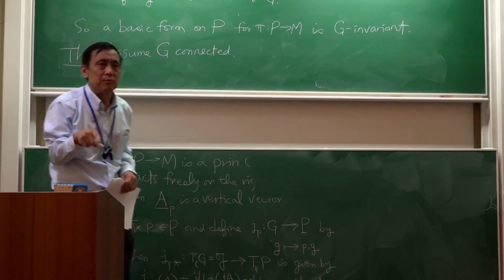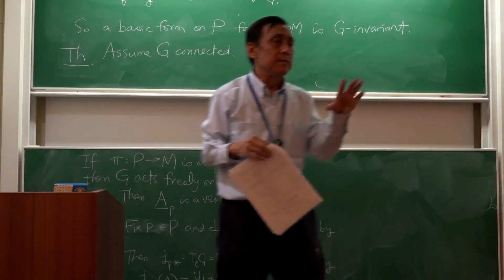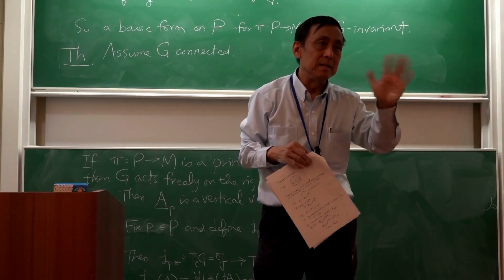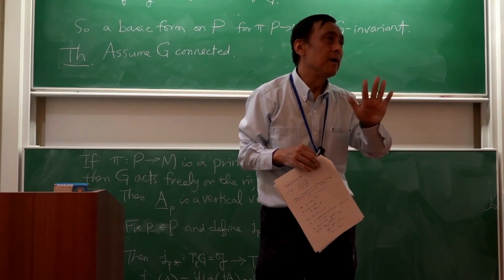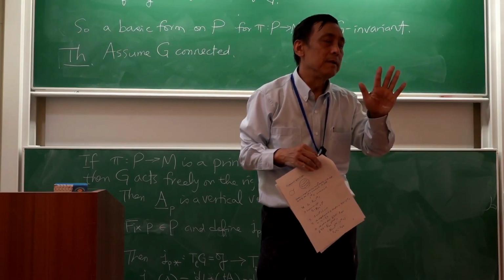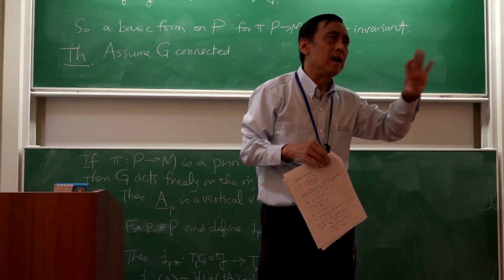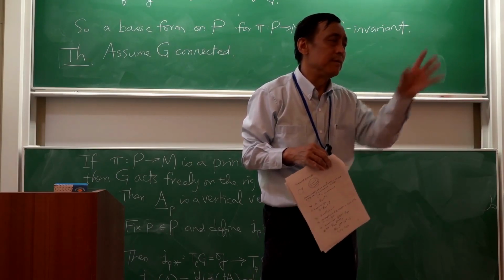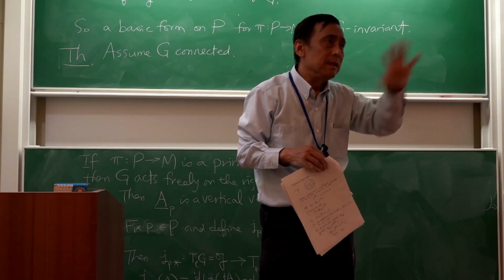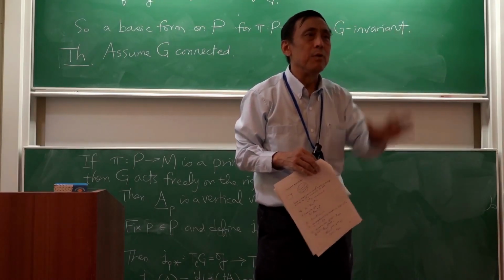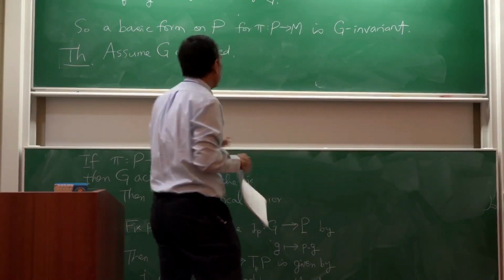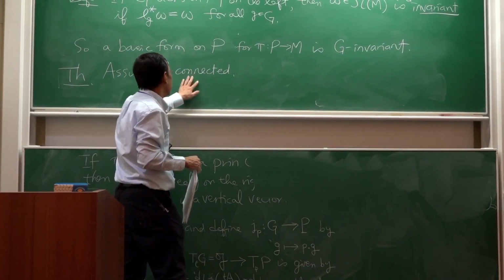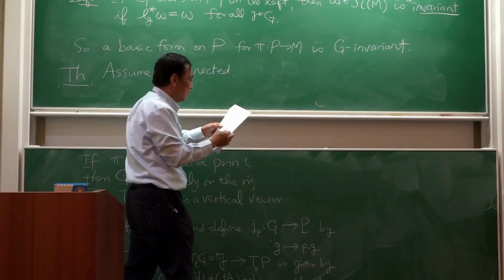You see, the Lie algebra is the tangent space at the identity of a Lie group. So it does not see other components of the Lie group. If the Lie group has many components, the Lie algebra only sees the component of the identity. So if you're going to make a theorem about the Lie algebra, you have to assume that G is connected.